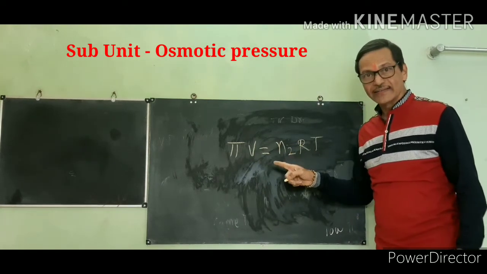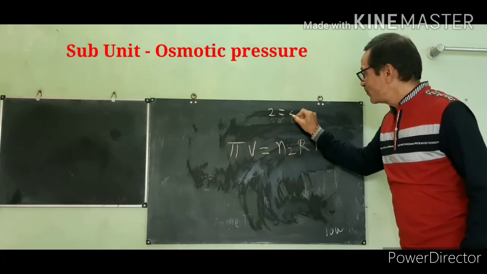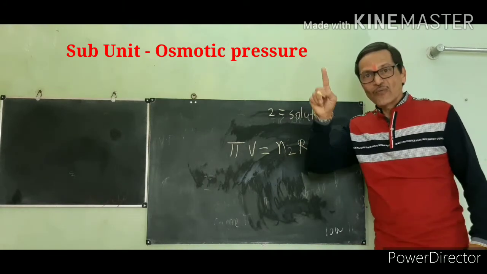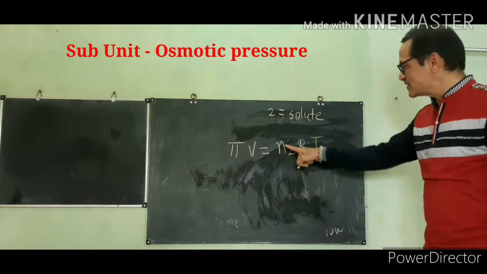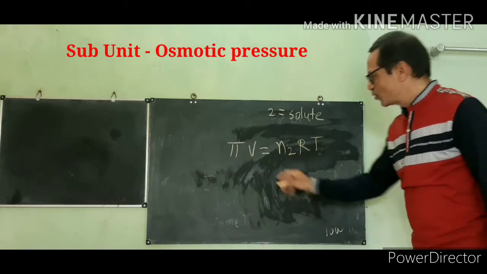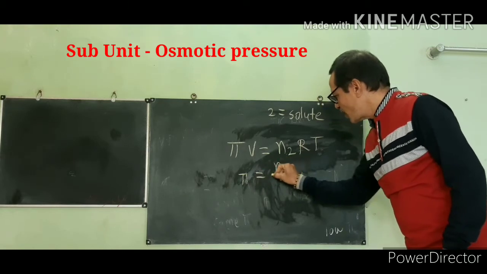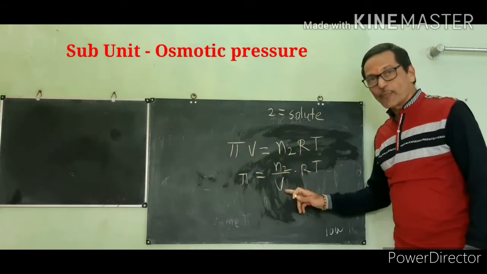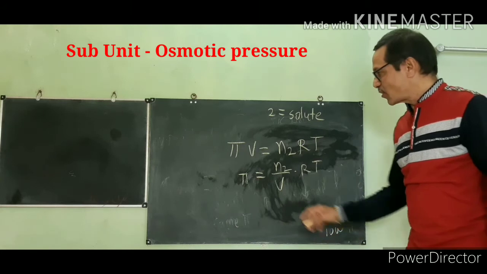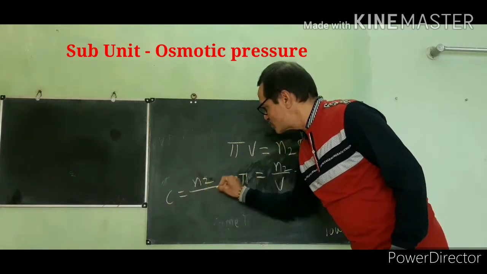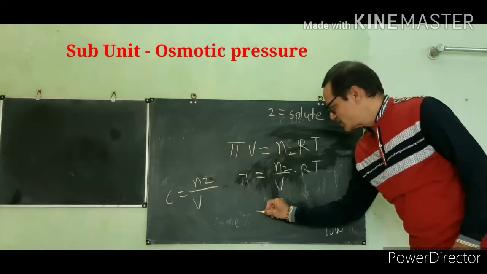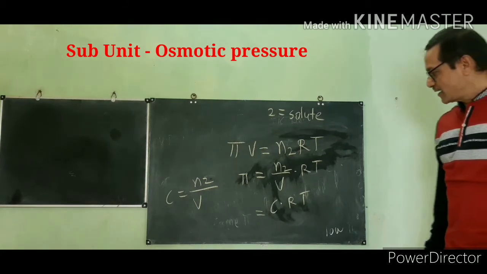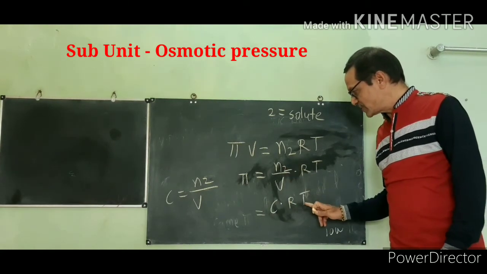Here 2 means solute, 1 for solvent, and 0 for pure solvent. So n2 means number of moles of solute. So we get pi = n2 upon V into RT. n2 upon V is nothing but the concentration, the number of moles dissolved in V liters of water. So pi = C RT.